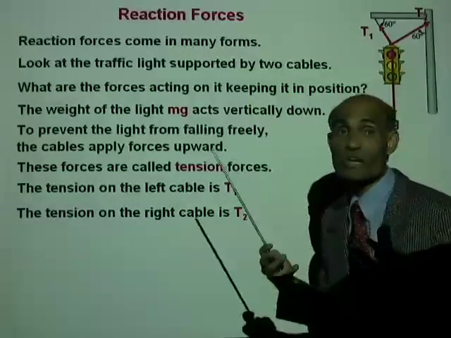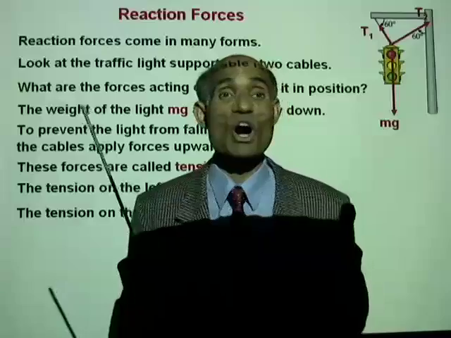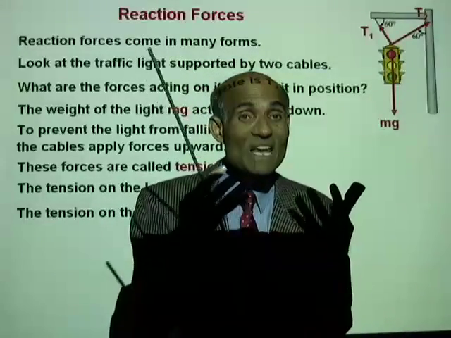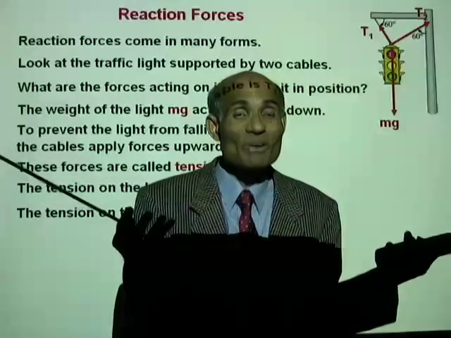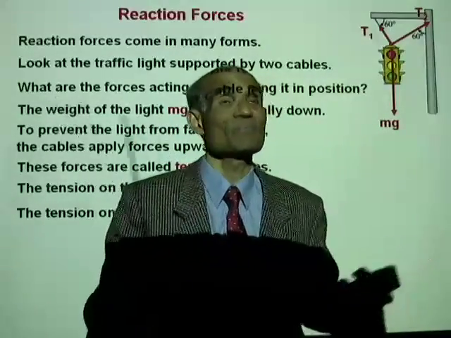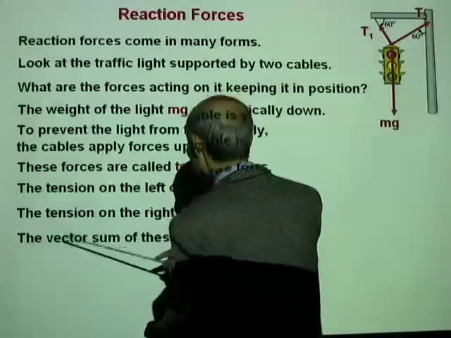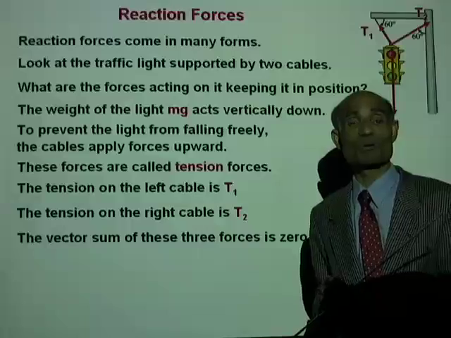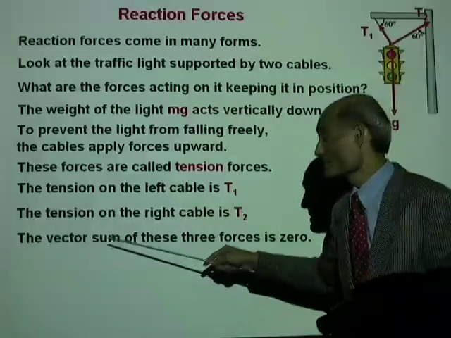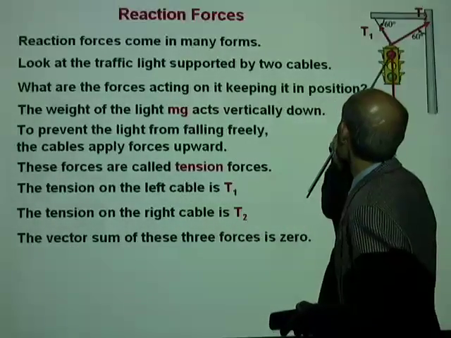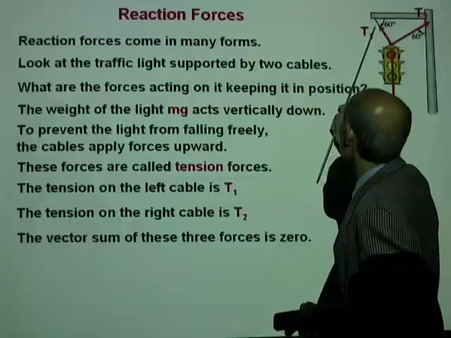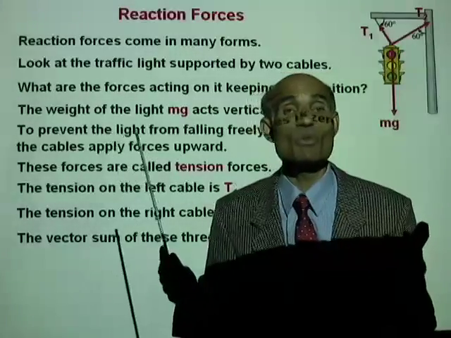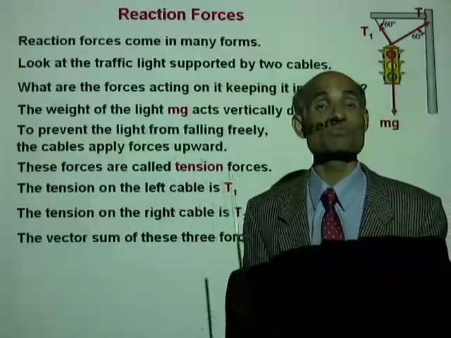Therefore, there are 3 forces acting on that light, keeping that in its position, keeping it in a state of equilibrium, in a state of balance. The vector sum of these three forces is 0. In other words, if you add the weight vector to the T1 vector to the T2 vector, the sum of those three force vectors will be 0.